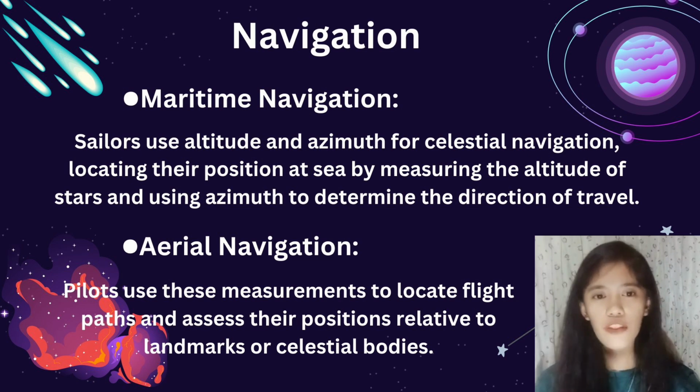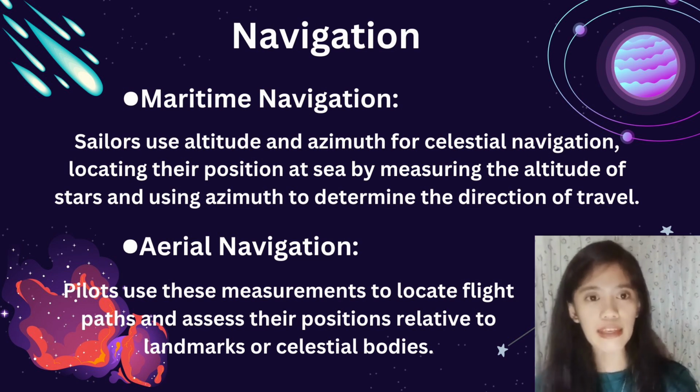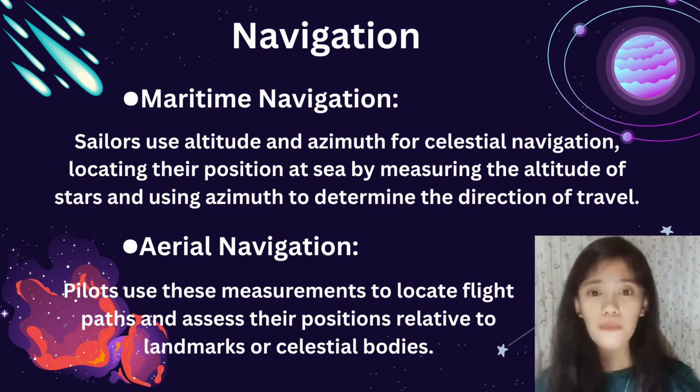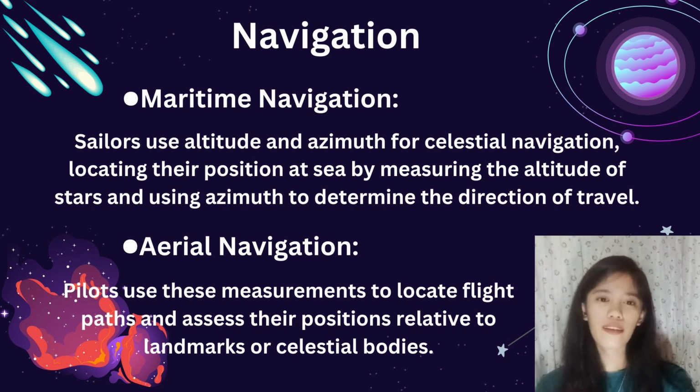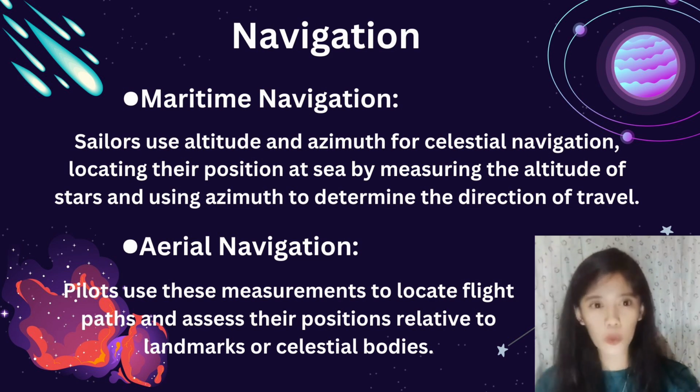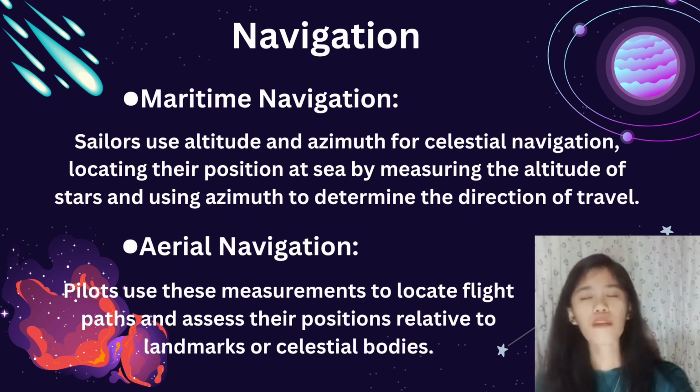Altitude and azimuth can assist in pinpointing geographic location, especially when combined with GPS technology. Since we're in an increasingly interconnected world, the ability to determine precise location on Earth is paramount for applications in navigation, mapping, and various technological platforms.